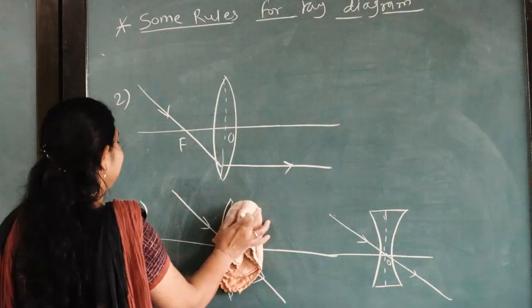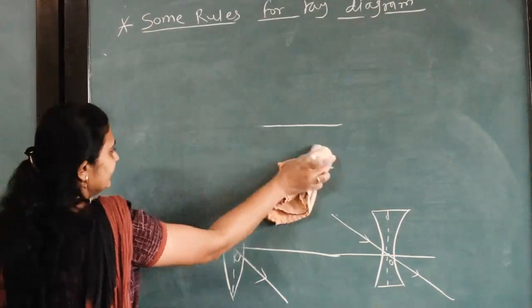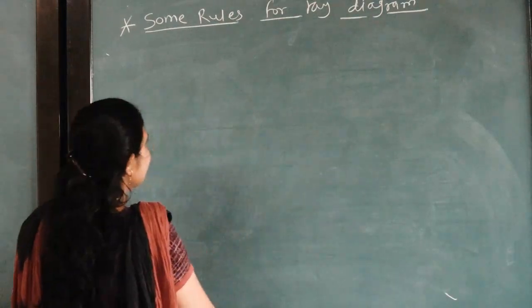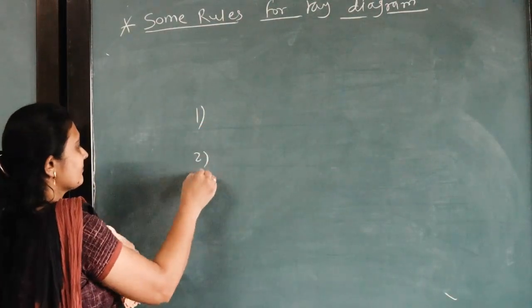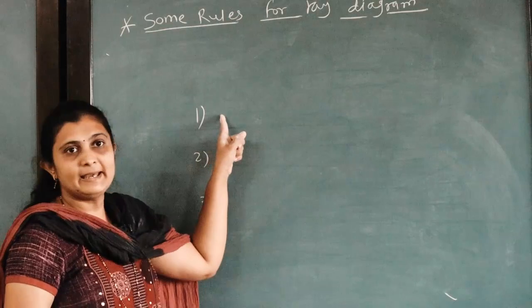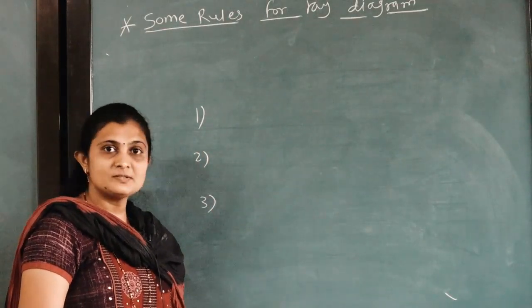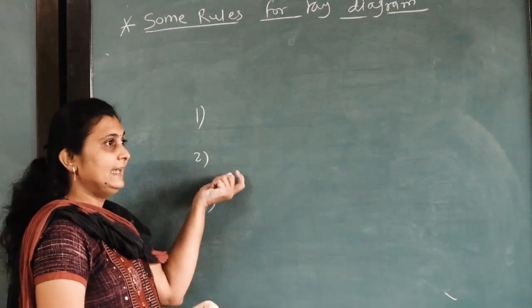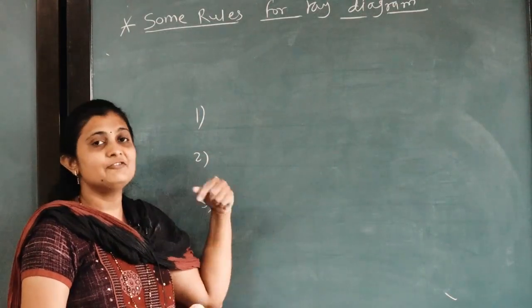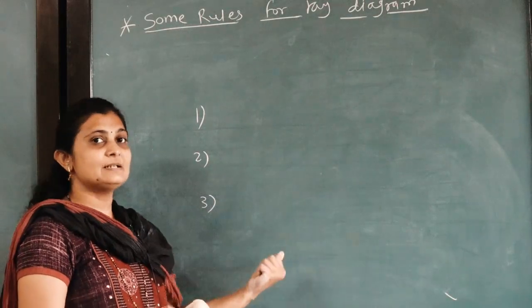Okay. Now we revise the three rules. What is the first rule? If a ray is parallel to the principal axis, after refraction it passes through the focus point. If a ray passes through the focus point, after refraction it is parallel to the principal axis.